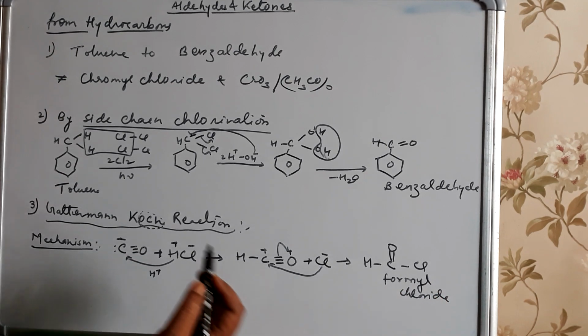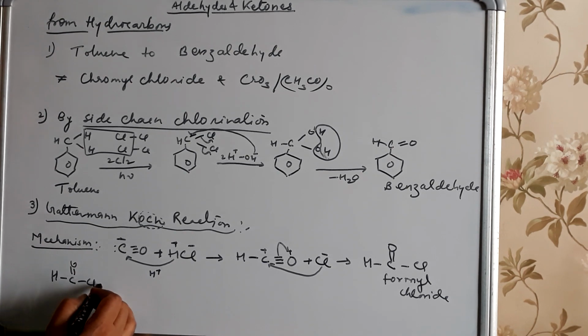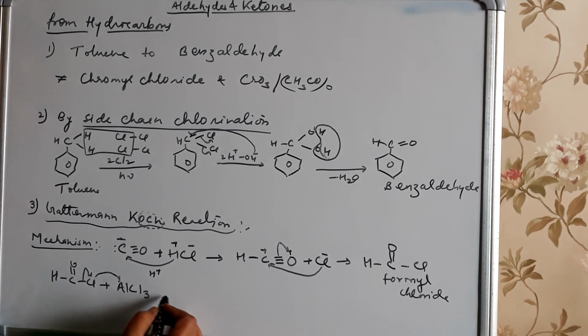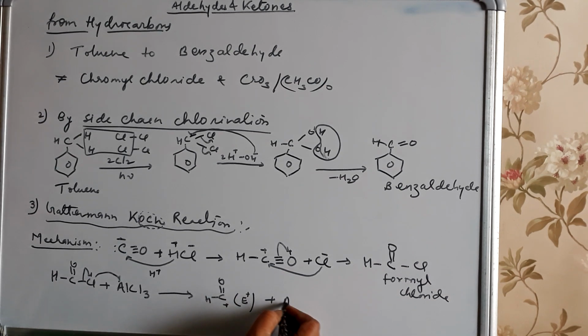Simply, at first we generate the reagent. What happens when this formyl chloride is treated with Lewis acid, aluminum chloride? This chlorine is more electronegative and goes towards the aluminum. So the formation of electrophile, this is our electrophile, and here AlCl4 is removed.